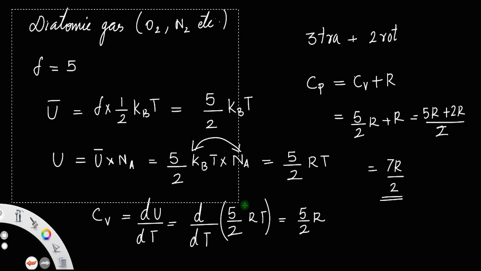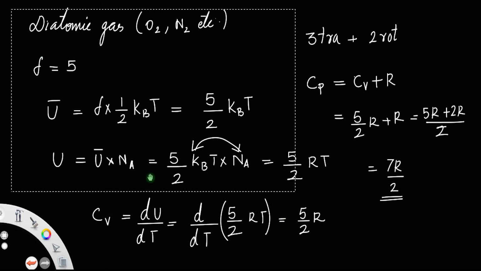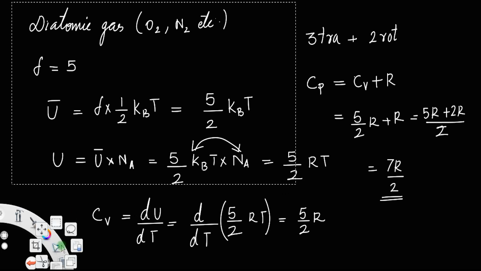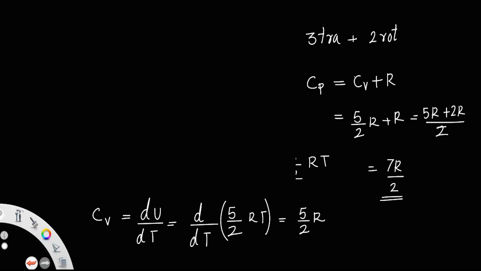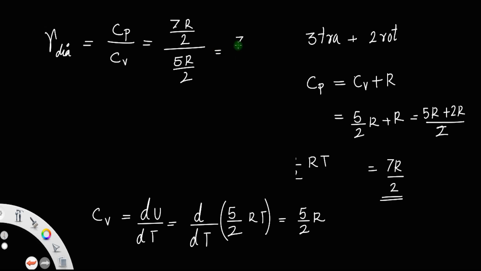So gamma, specific heat ratio, gamma of diatomic molecules, as in the case of monoatomic molecule, is Cp by Cv. But here Cp is equal to 7R by 2 divided by 5R by 2, which is equal to 7 by 5, or equal to 1.4.